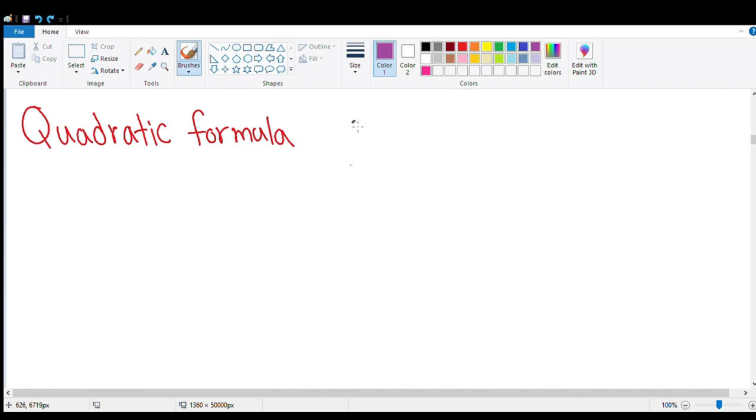The formula is x equal to minus b plus minus square root b squared minus 4ac over 2a. This might look hard, but it really isn't, because all you gotta do is put the values in, multiply, divide, take the square root, and different stuff.